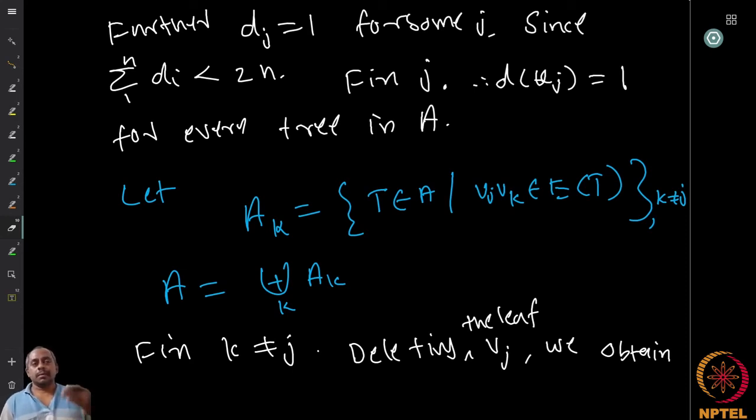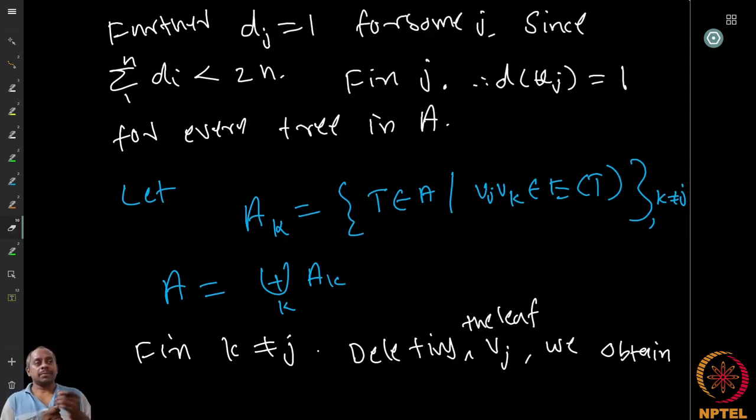So what we are going to do is delete this single degree vertex, which is a leaf, Vj. Once I delete the vertex Vj, what happens? Because it's a leaf, it is not connected to anything other than its unique neighbor.